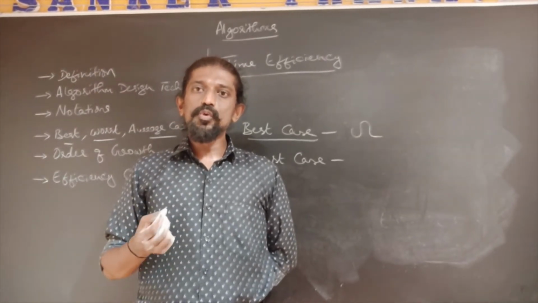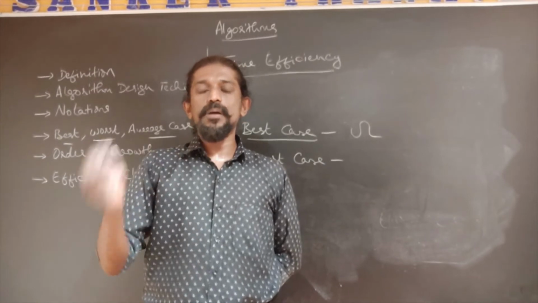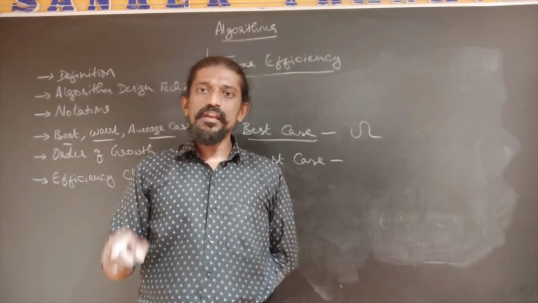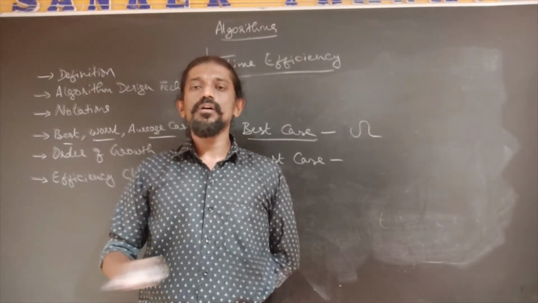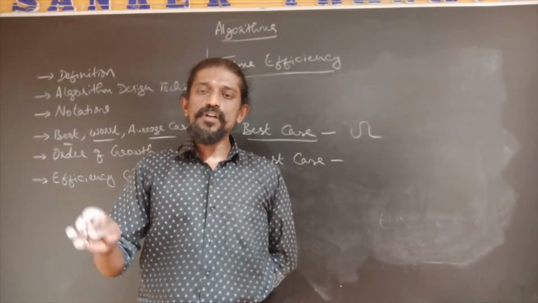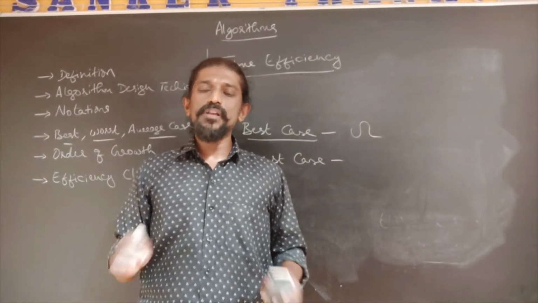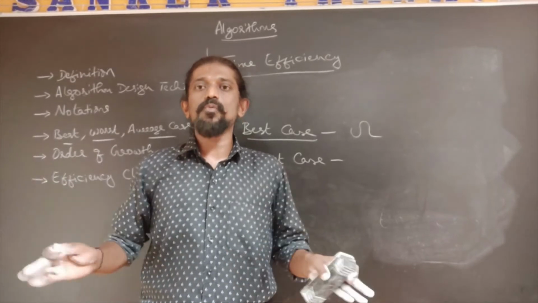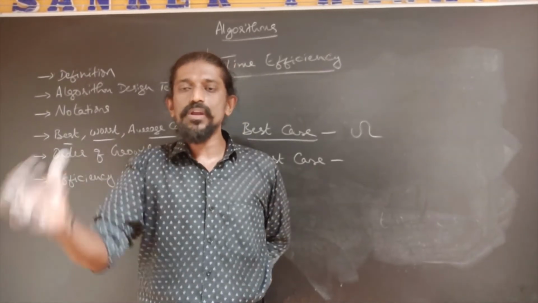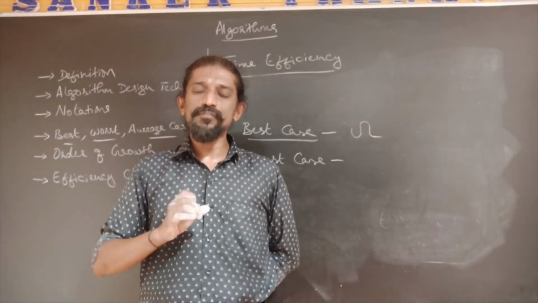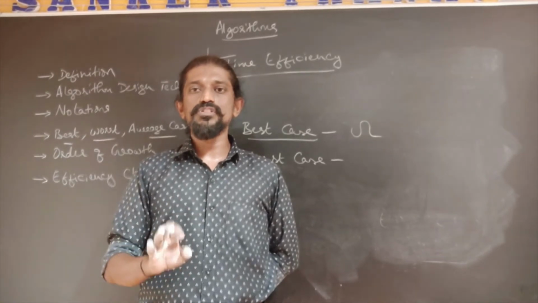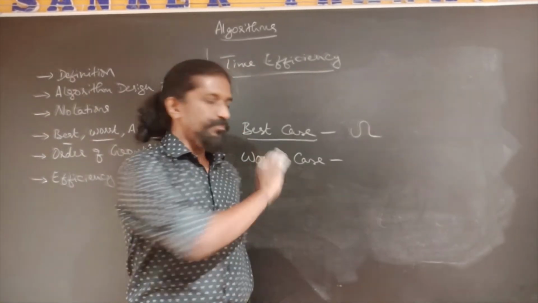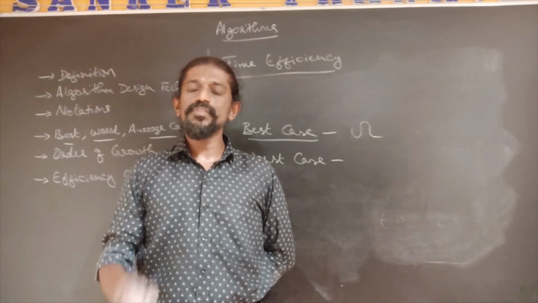In that case, you will have to perform n comparisons before concluding that the key element is present in the last place or not present. So n comparisons is the maximum number of comparisons you will make, more than which is not required. You don't even have to perform n plus 1 comparisons to give the output. After n comparisons, you are in a comfortable position to give output. That is the worst case.